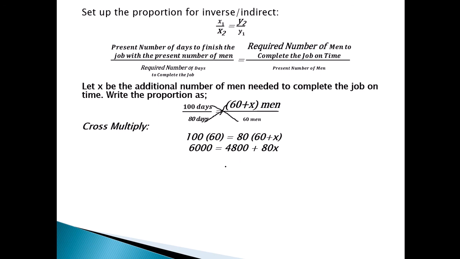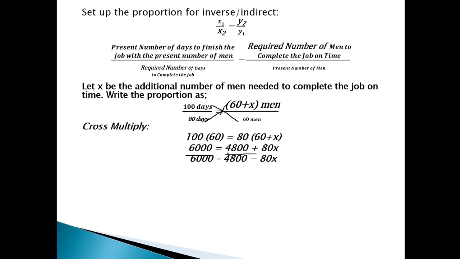As you can see, our similar terms are the constants. So we combine them. As we combine them, that's going to be 6,000 minus 4,800. If you are asking, sir, how come we get minus 4,800? Because 4,800 from the right was positive.